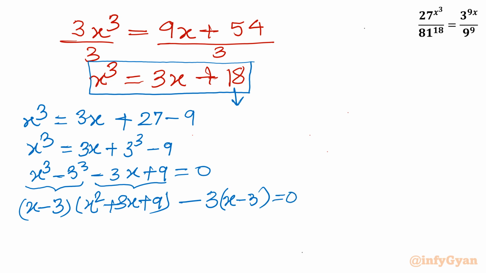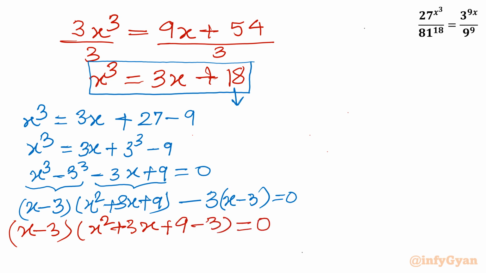Now you can see x minus 3 is common overall, so I will take x minus 3 out. Factorization is done: (x minus 3)(x² plus 3x plus 9 minus 3) equal to 0, or (x minus 3)(x² plus 3x plus 6).